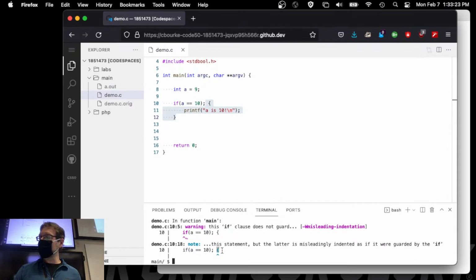It doesn't look like you meant to do that because you have this opening curly bracket right here, but the latter is misleadingly indented as if it were guarded by the if statement, as if it were attached to the if statement. Yeah? So when you're writing an if statement, if you want to say if this or this is true, how many ors can you have?